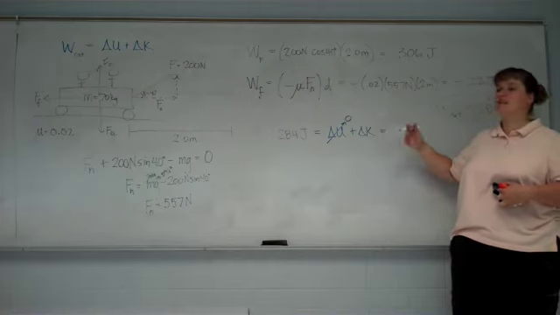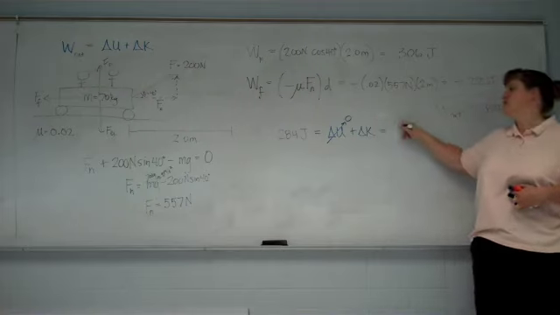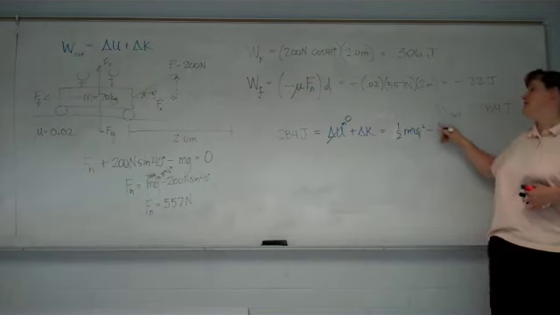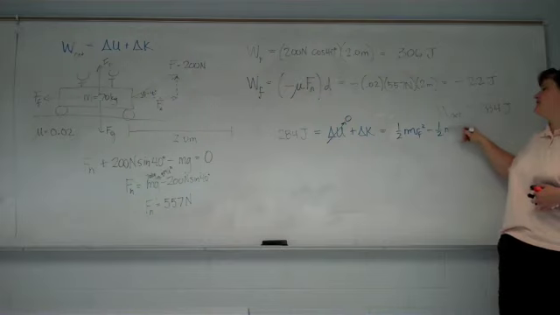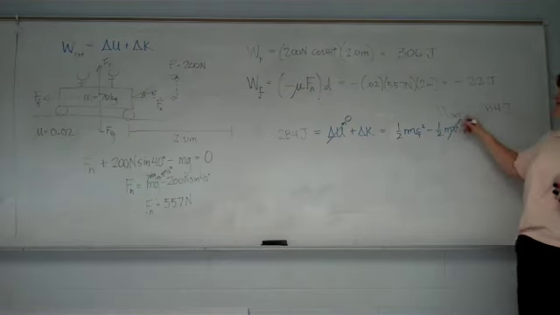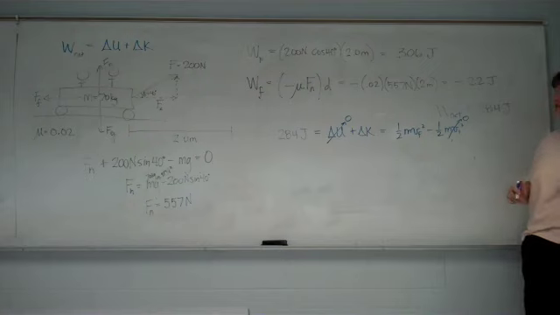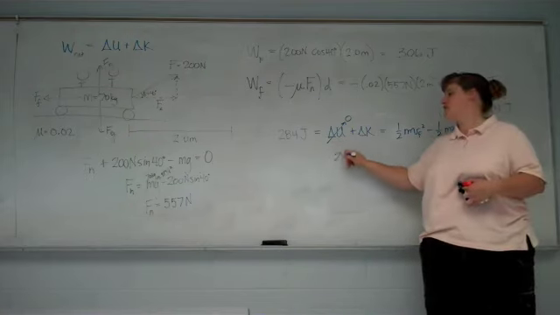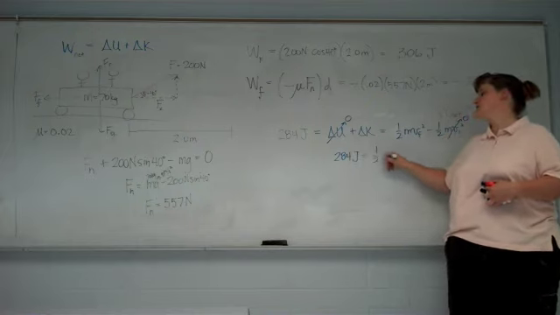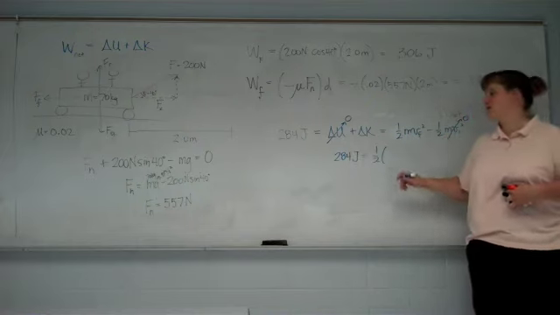Remember, change of anything is final minus initial. So this will be 1/2 m v final squared minus 1/2 m v initial squared. If we assume it started at rest, v initial would be 0. So all of that work, the 284 joules, gives the wagon kinetic energy.